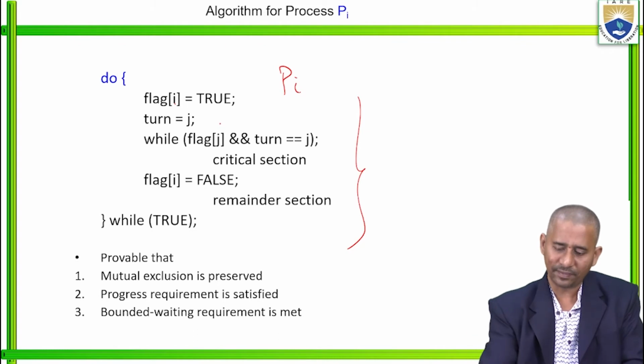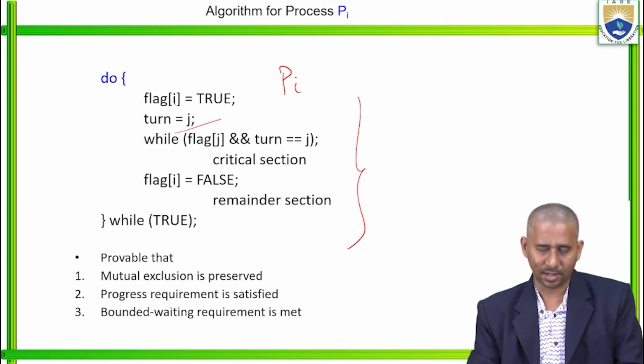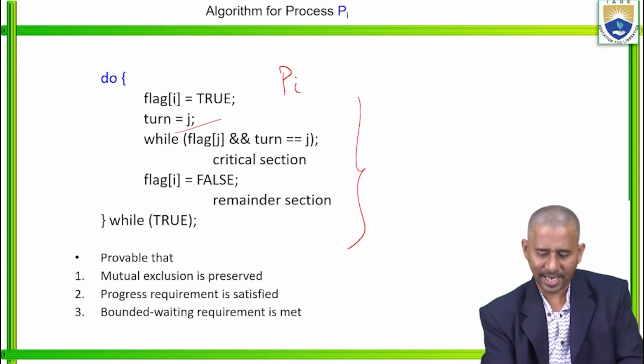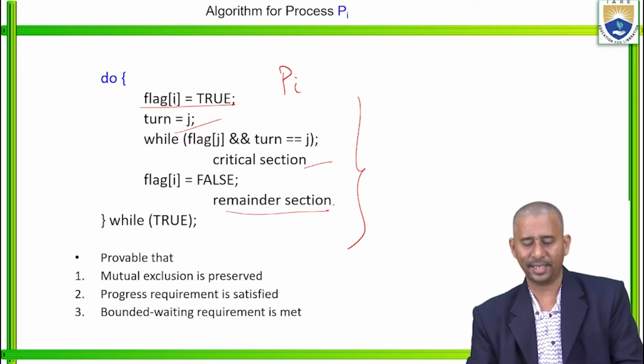So after completion of this ith process, it is time for the jth process to enter into its critical section. While flag[j] and turn equals j, wait; otherwise it is the critical section. Then flag[i] equals false, this is the remainder section. Flag[i] equals true, this is the critical section. Flag[i] equals false, this is the remainder section.